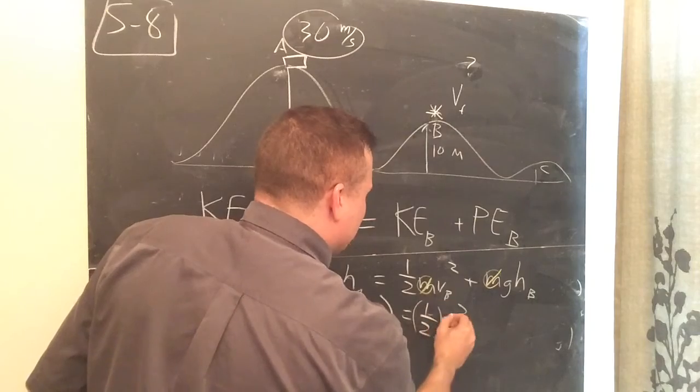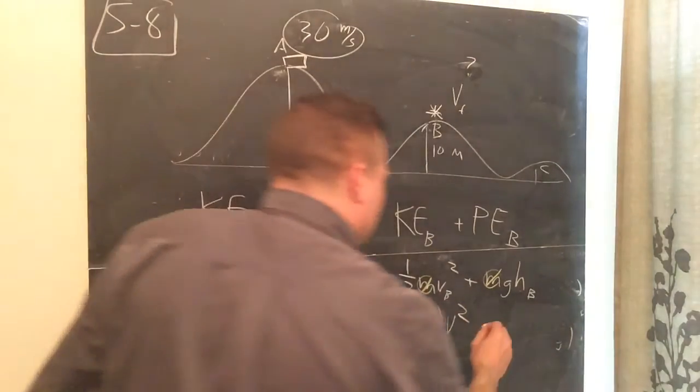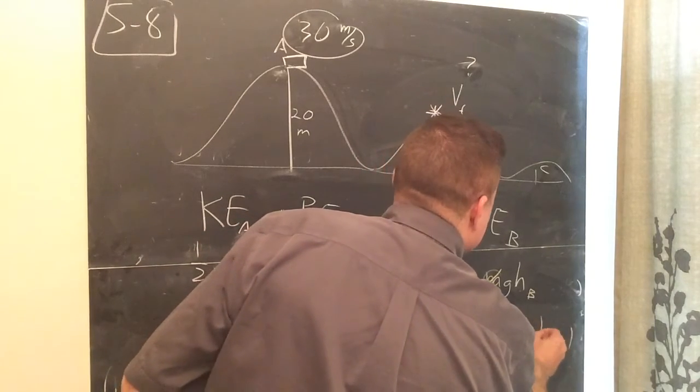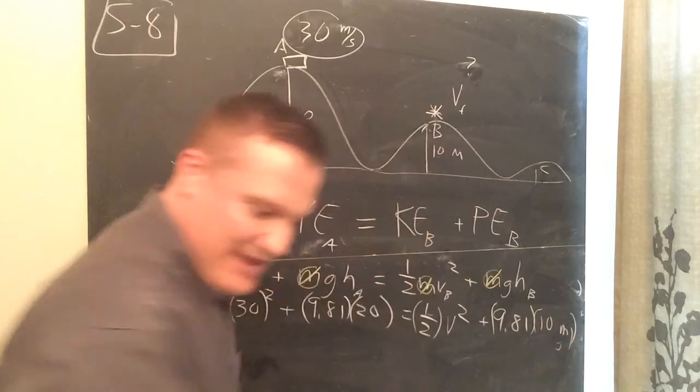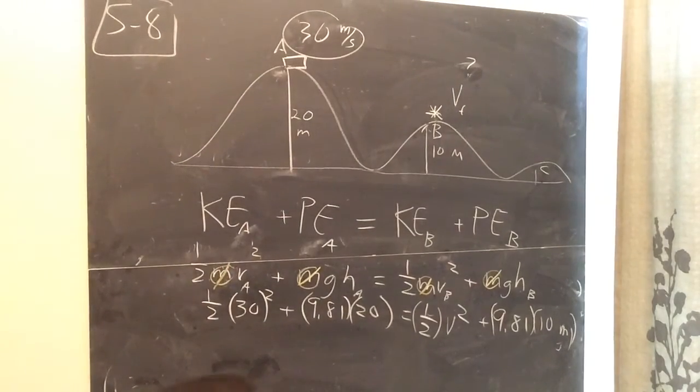Now, what makes it a little tougher is because it has to be squared. At the end, we got to get the square root, okay? Plus 9.81 is the gravity, and the height is 10 meters. All right, so I'm going to have to do the math. Actually, I better just, I don't know, on this video you won't be able to see me. On this one you could.